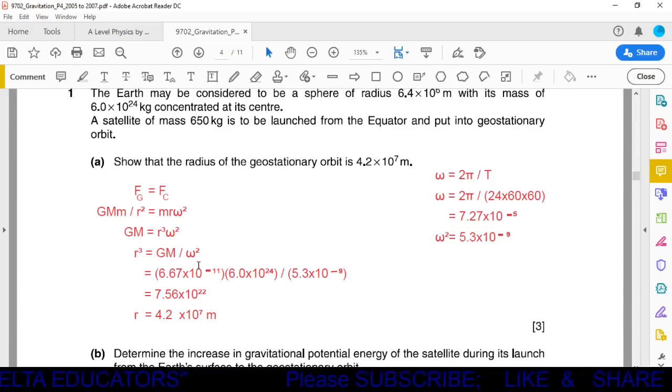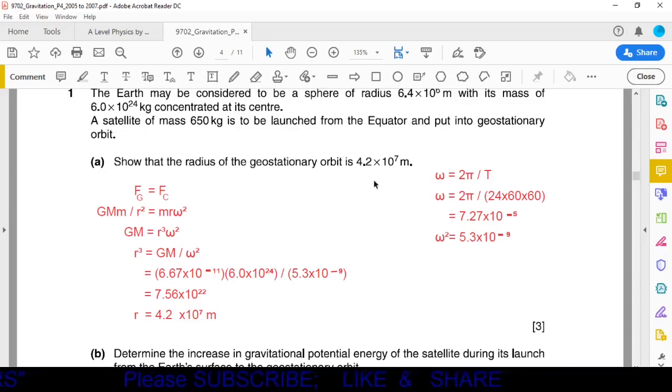Now we have to substitute the values. G, the gravitational constant, is equal to 6.67 × 10^-11. M, the mass of Earth, is 6 × 10^24, divided by omega squared. Omega is the angular velocity of the satellite, which is not given.